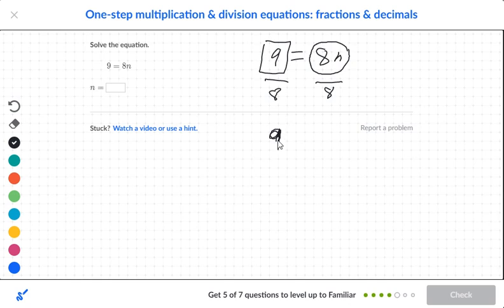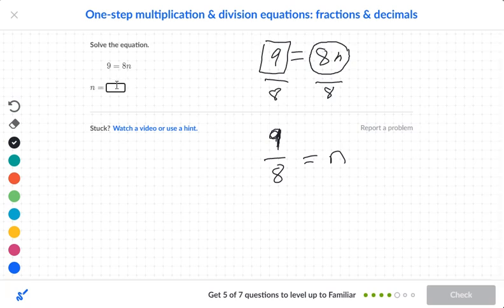So we get 9 over 8 is equal to n. Now 9 over 8, 2 goes in 8, but 2 doesn't go in the 9. 3 goes into 9, but 3 doesn't go into 8. So even though this is an improper fraction, what I mean by an improper fraction is that the numerator is larger than the denominator, it still should be acceptable. So we get 9 over 8.